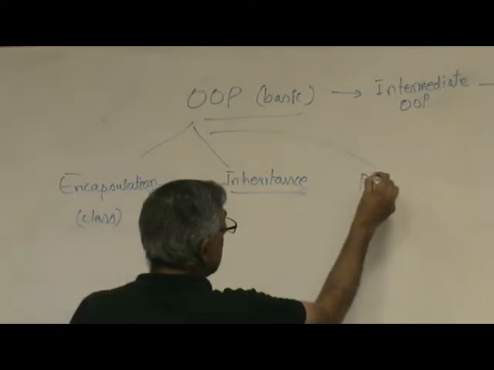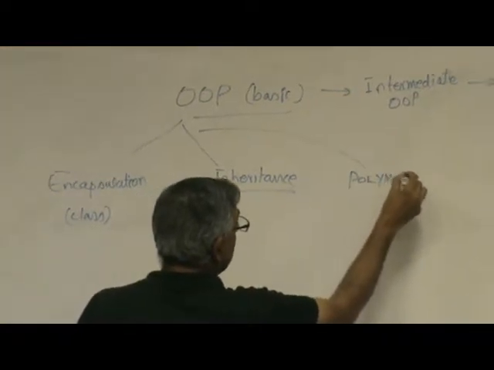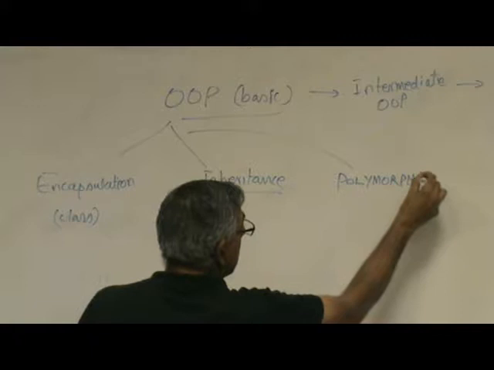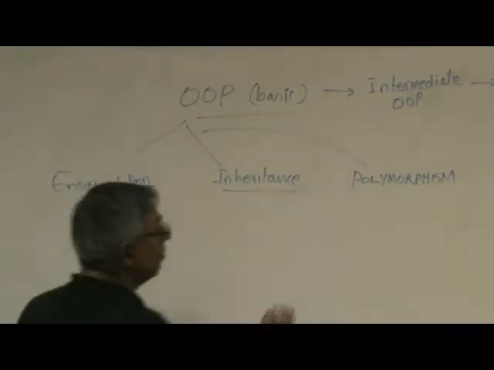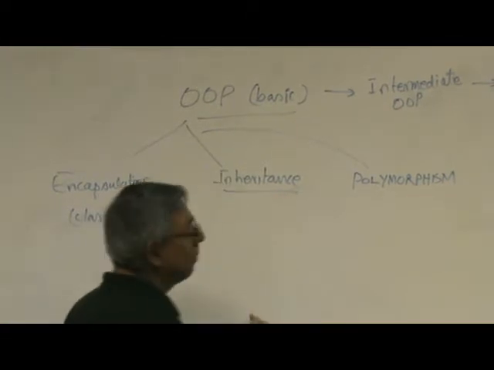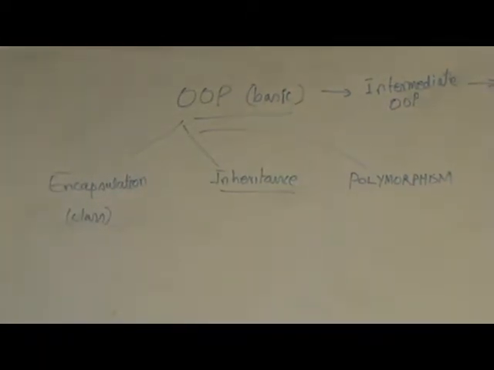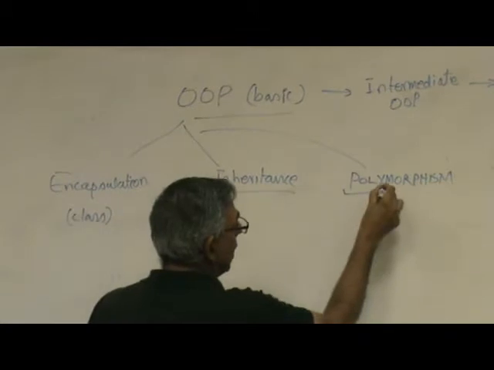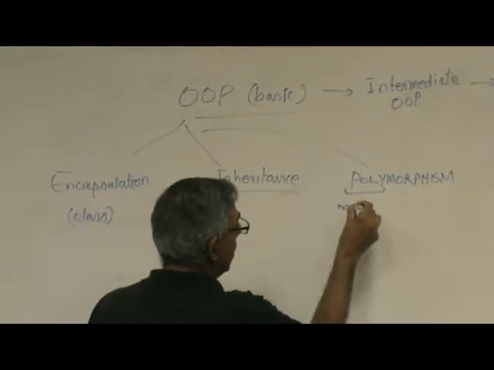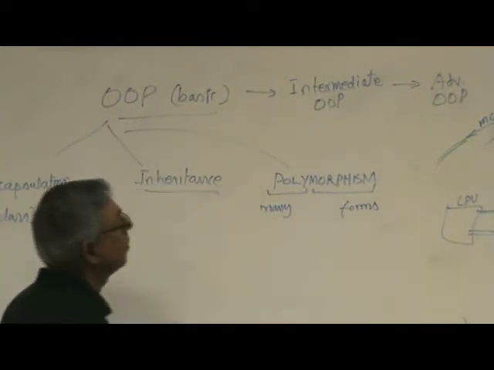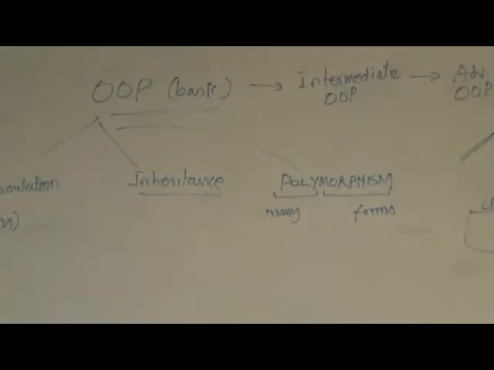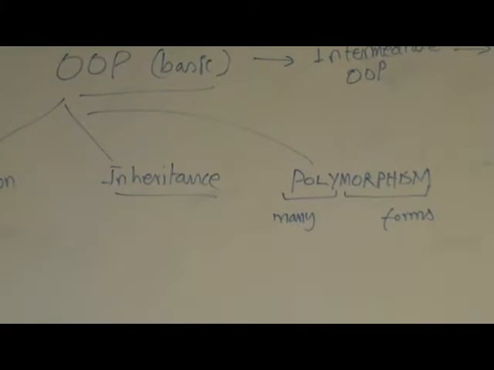Okay, so now let's come to the next concept over here, polymorphism. First let me explain the plain English language meaning of it. Poly means what? Many. Morphism basically means forms. So what do we mean by polymorphism when we apply it to programming?